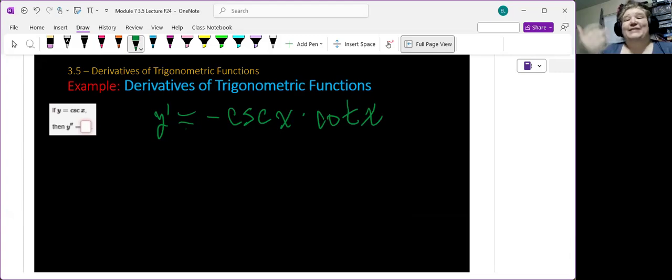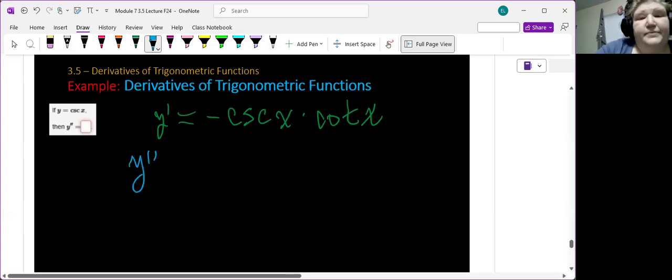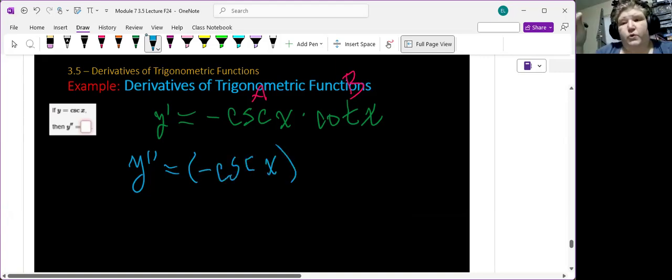So now the second derivative. All right, now we have a product. So we've got an A and a B. So if I keep A, negative cosecant x, and remember, any of these patterns, product rule or quotient rule, parentheses.